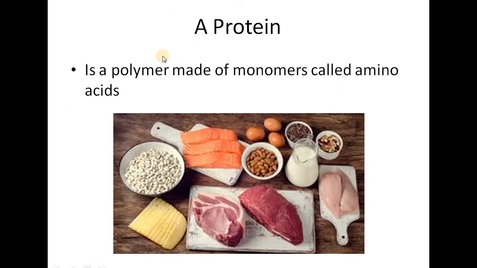The third type of carbon-based molecules is proteins. Proteins are polymers made of amino acids. These are food sources of proteins: beans, meat, chicken, salmon, cheese, and dairy products.